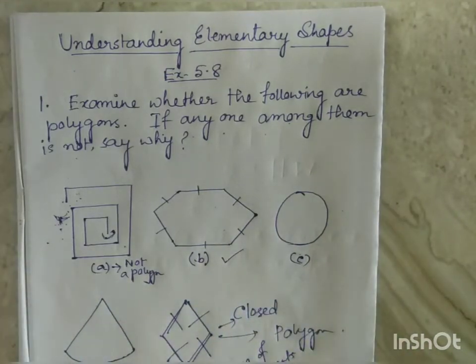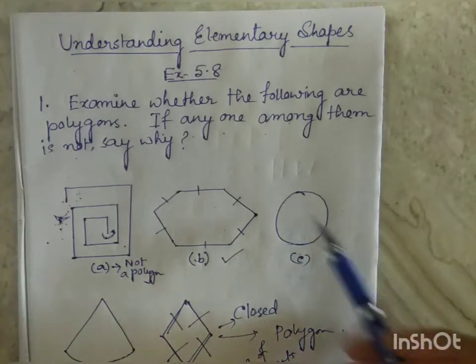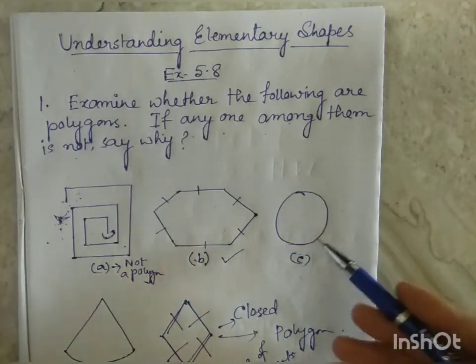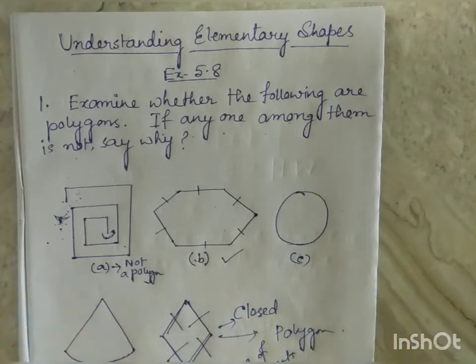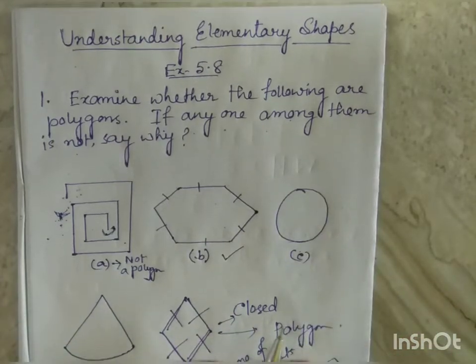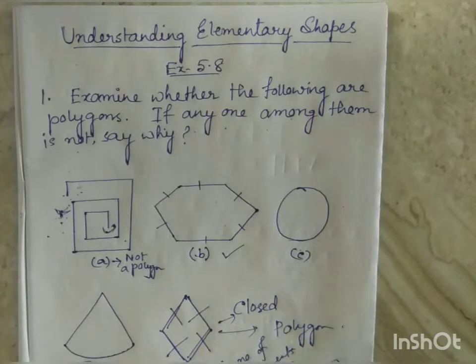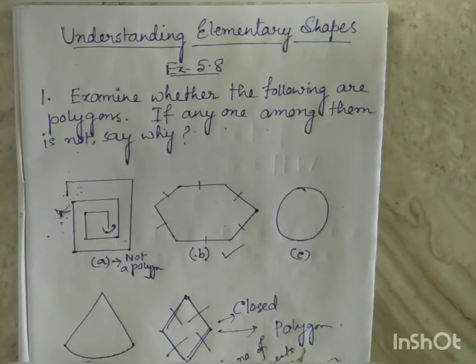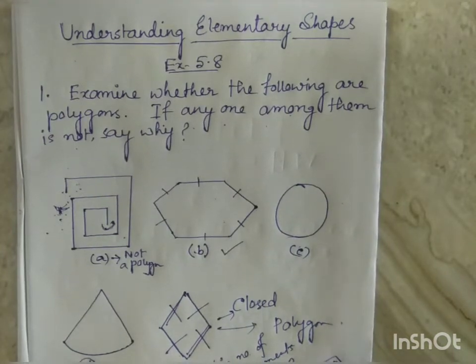Now in question C, this is the shape of a circle. We have to determine whether it is a polygon or not. As we said already, a polygon is a specific number of line segments which form a closed figure.